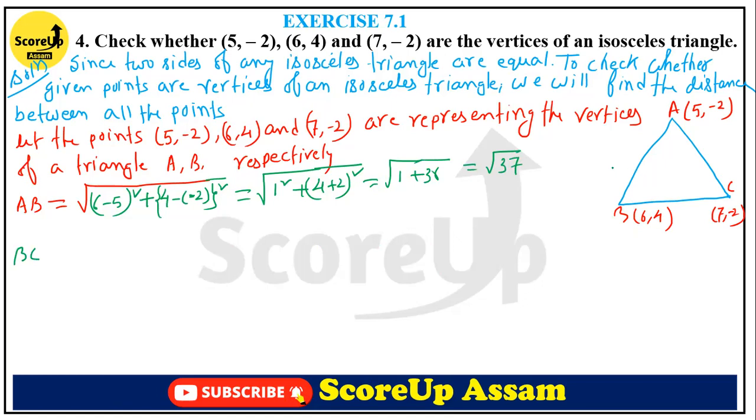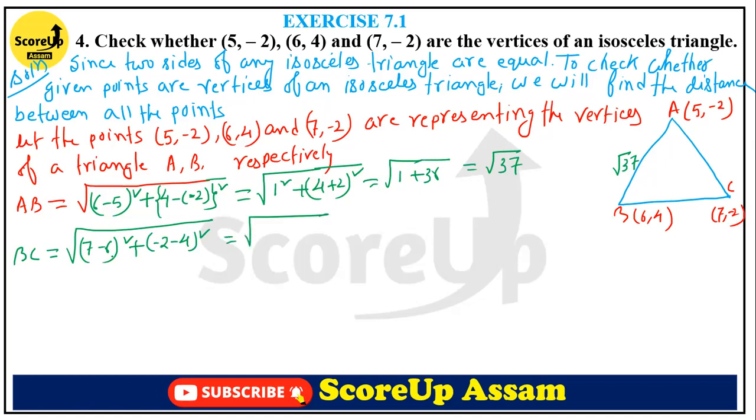Now what about BC? Here this is x1, y1, and this is x2, y2. So it is 7 minus 6 whole square plus minus 2 minus 4 whole square.